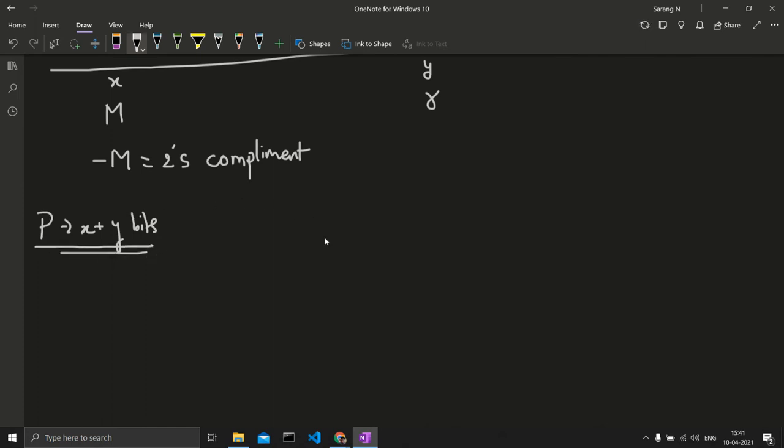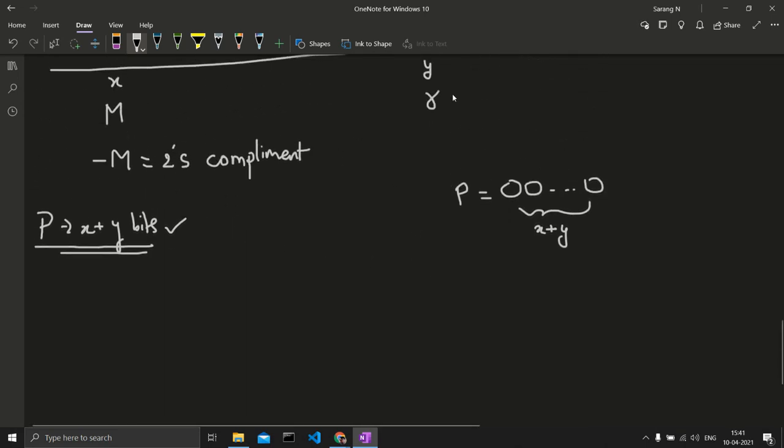So we shall start p by making it 0. These are x plus y zeros, because we want x plus y bits on the p. And then we start with r. Now we look at r from the least significant bit side.